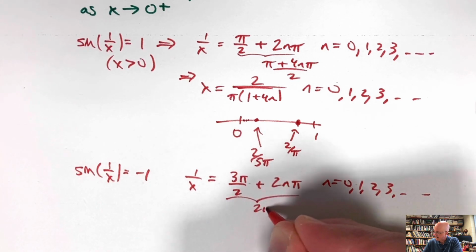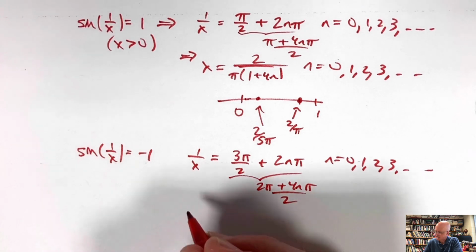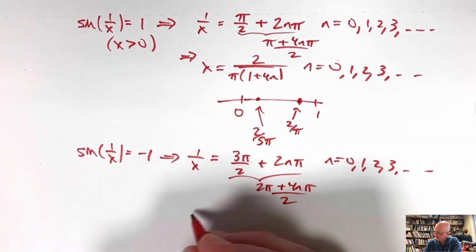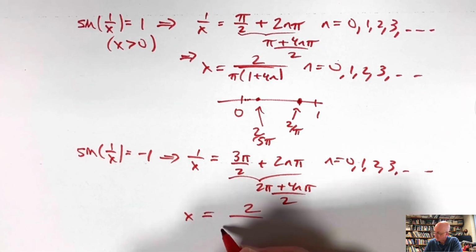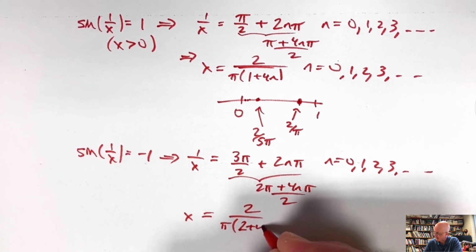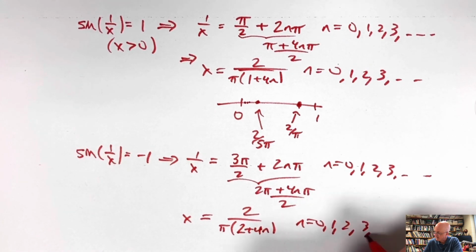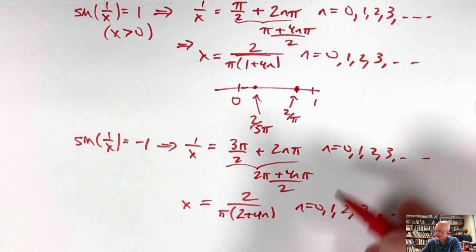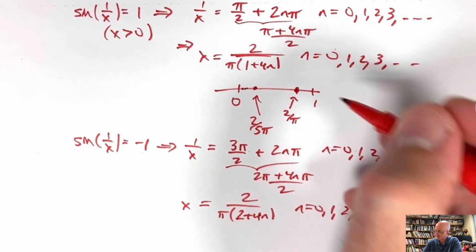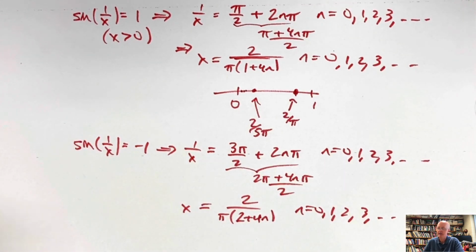This is 3 pi plus 4n pi all over 2. And we could solve that for x. 2 over, again, I'll factor out the pi, pi times, in parentheses, 2 plus 4n. n equals 0, 1, 2, 3, etc. And these are all numbers that are not equal to these numbers, but are still behaving in a similar way, going towards 0. And there's infinitely many of them.